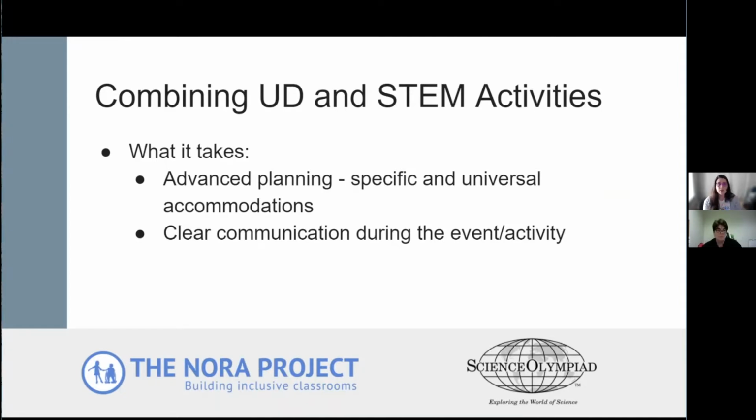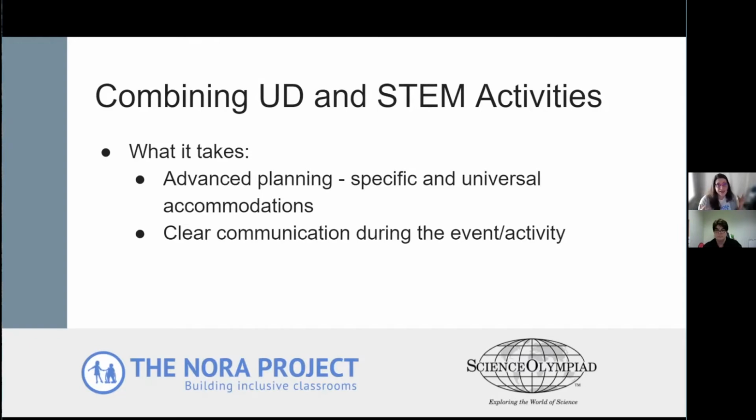We also want to be sure that when we're planning these activities, we know the students or the participants that are going to be engaging in those activities so that we can really plan for their specific needs. And again, that ESO for All curriculum provides specific suggestions for a wide range of needs of learners to support specific accommodations for students.